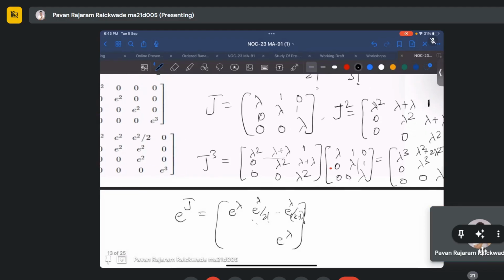So according to the Jordan blocks, first 3 cross 3: e to the power lambda, that is e to the power 2, and then e to the power 2 upon factorial 2. And then in the second row 0, e to the power lambda, e to the power lambda.